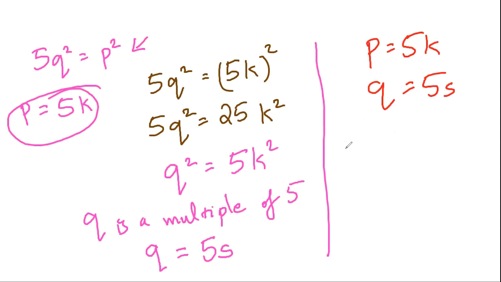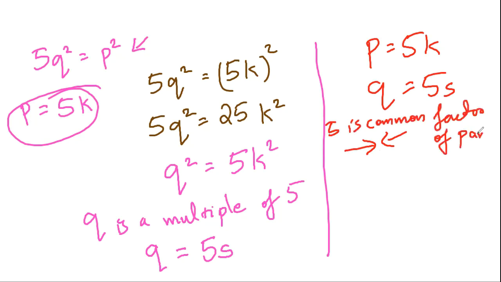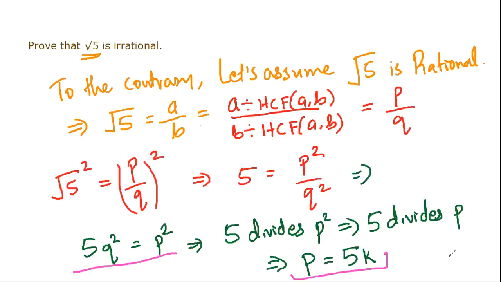This is a contradiction to the assumption that p and q are relatively prime, or co-prime numbers, because 5 is a common factor of p and q. This is not possible. Why? We have already divided the highest common factor from a and b, and we have received p by q as the simplest form.